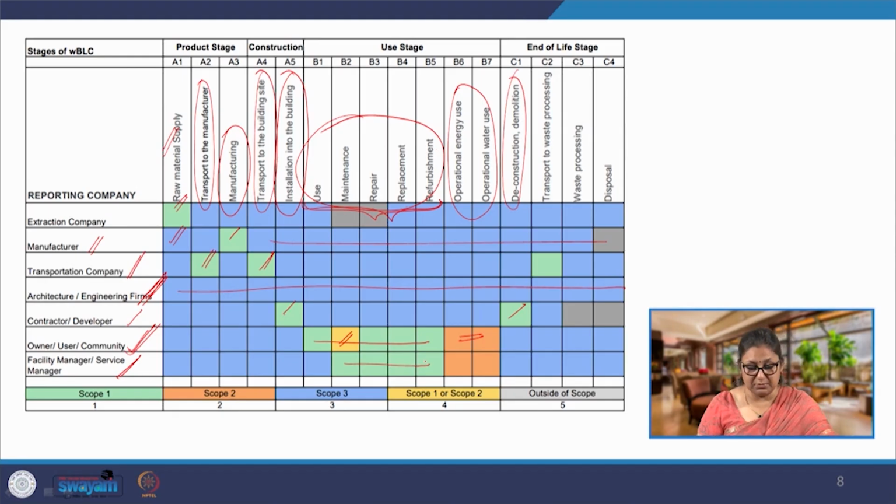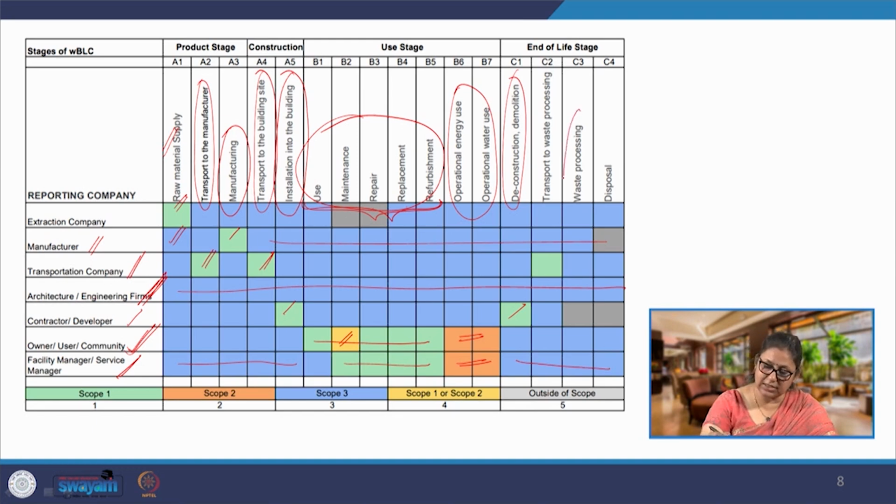The direct emissions, and the operational energy use and operational water use which take place due to the maintenance, repair, replacement and refurbishment could be counted as scope 2 for the facility manager. The rest of it is scope 3.